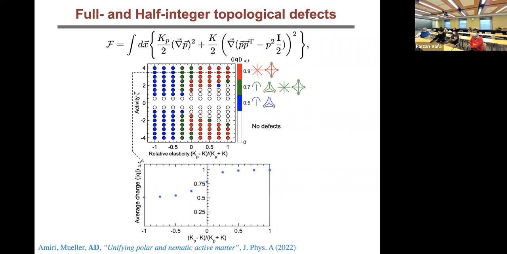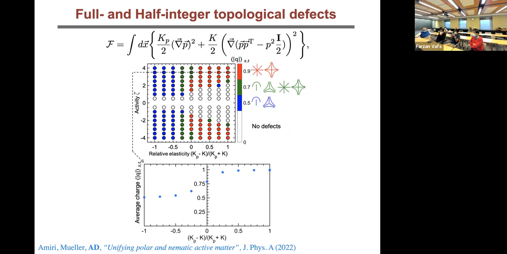Yeah, so I understand the point that you're saying, which is that adding this additional K term, and when K is larger or smaller, I forget which one. But anyway, when K is larger than Kp, appropriately normalized, you allow for plus and minus half defects to be stabilized. So there's a string tension for the mismatch of the polarization across the half defect, and that somehow becomes very small.